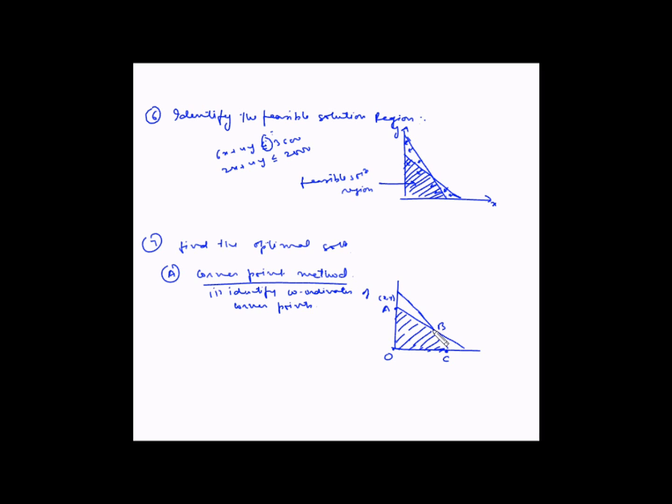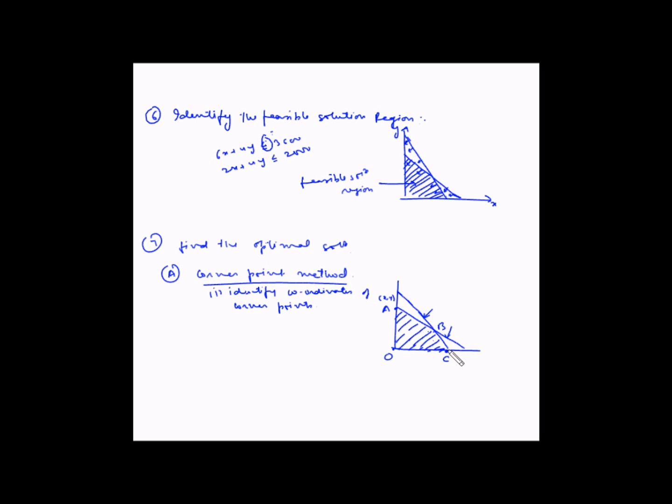For B, you can either plot the graph like this will give you the y coordinate, and if you put a straight line parallel to y-axis, you will get the x coordinate, or you can solve the two simultaneous equations of this line and this line, because this point lies on the intersection of these two straight lines. So if you solve these two straight lines for the value of x and y, the value of x and y will be the coordinates of the point B.